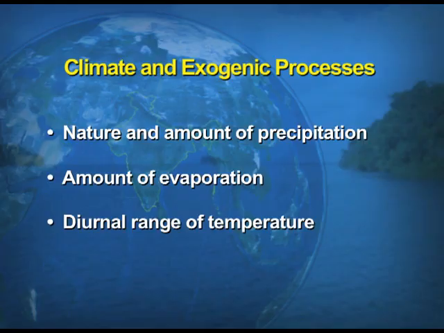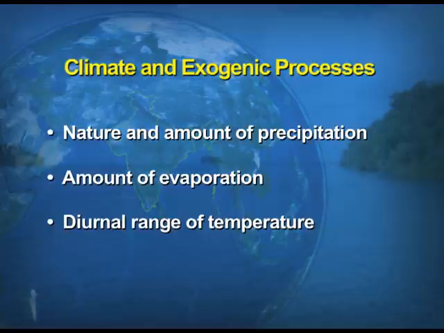Next factor is the nature and amount of precipitation. Precipitation can be in any form, that can be rainfall, snowfall or dew, fog. These are all the forms of precipitation. And lastly, the amount of evaporation. Now, another factor which is responsible for the exogenic processes is the structure of the rocks.